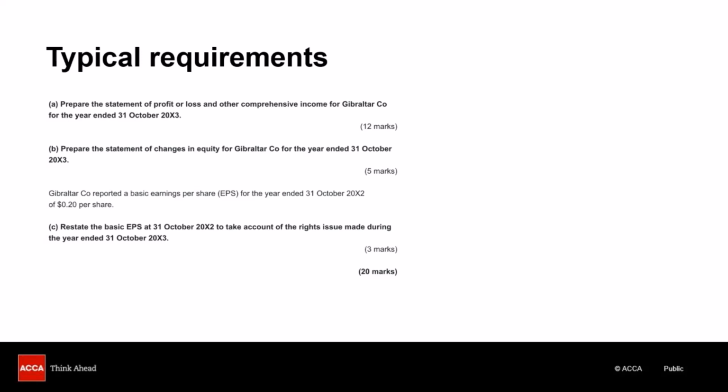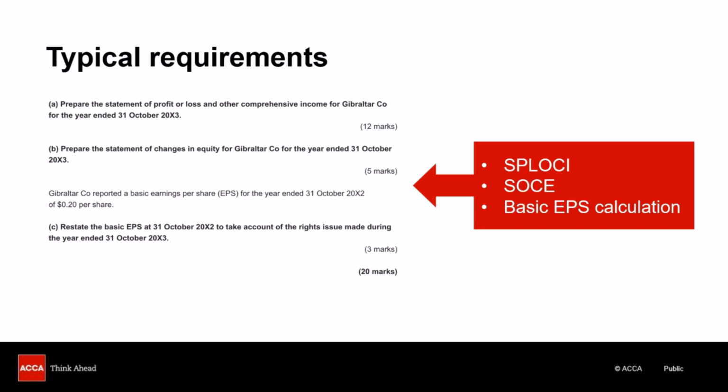You may be asked to write about, let's suppose, sustainability impact on the financial statements. So any small part can come up which can ask you for explaining a particular point or writing about a particular issue that is there. In this case, we had to make the statement of profit or loss and other comprehensive income, statement of changes in equity, and perform the basic earnings per share calculation.